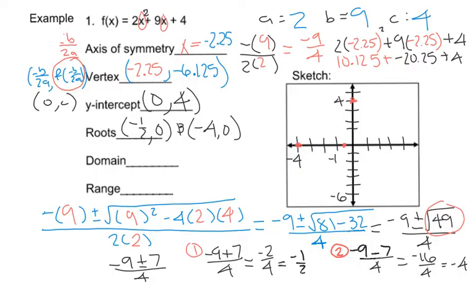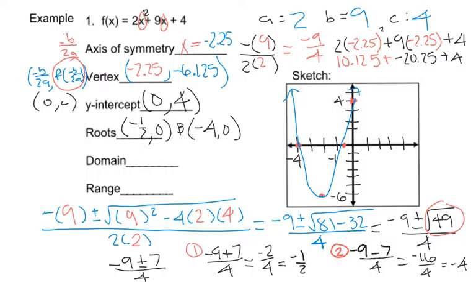And then our vertex is at negative 2.25 and at negative 6. So we're just going to guesstimate about there. So that means our parabola looks something like this.